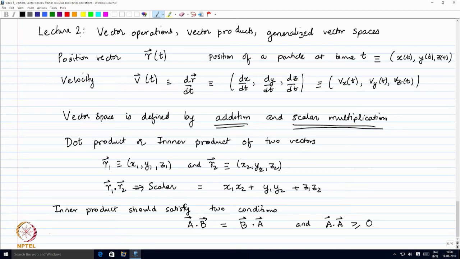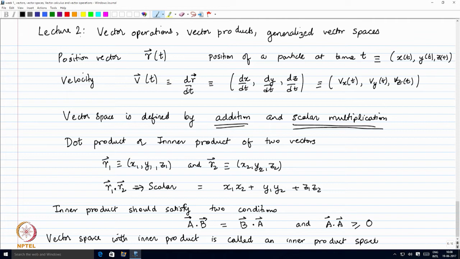but I will just emphasize that a vector space with an inner product is called an inner product space.